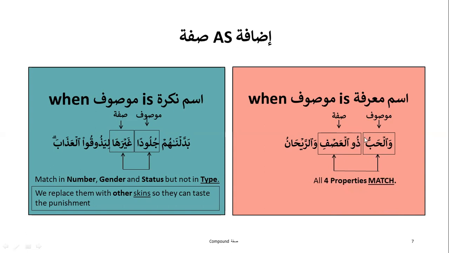So zu is rafa and habbu is rafa. It's proper. This is also taking, zul asfi is taking its properness, its type from its mudafile, which is proper. So this is also proper. Number, gender, everything should match when it is a proper noun.